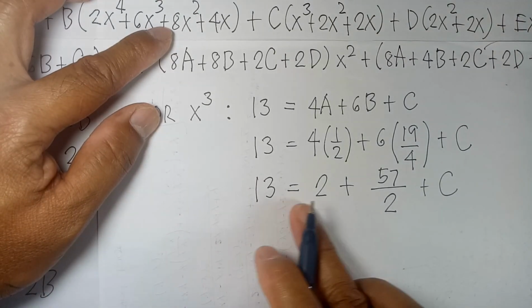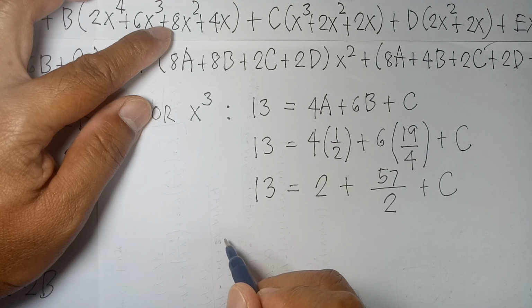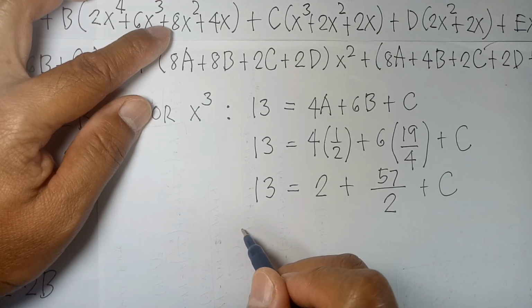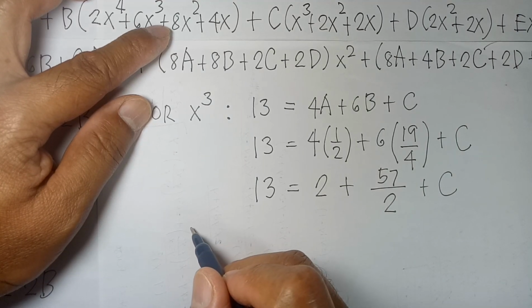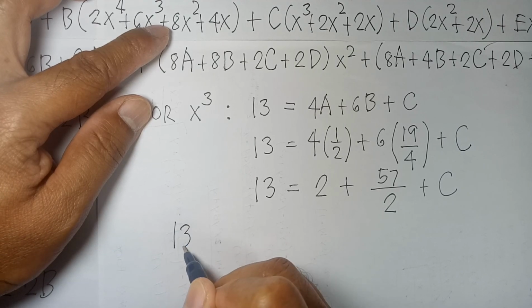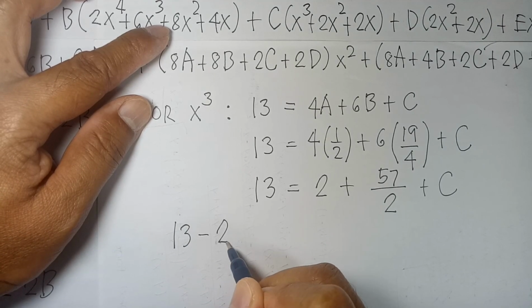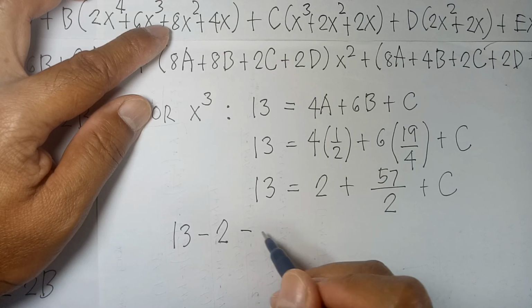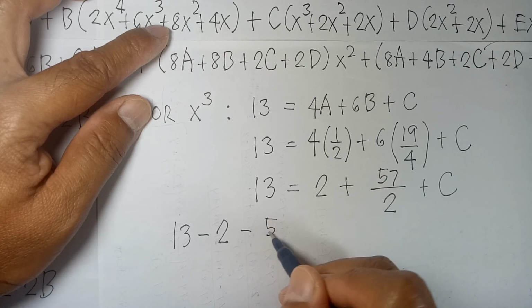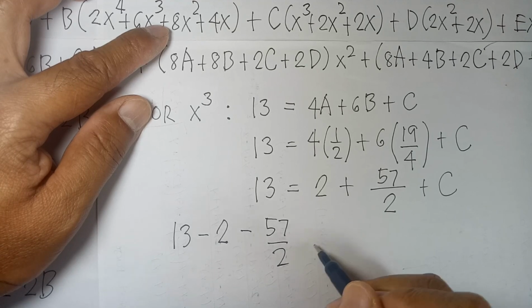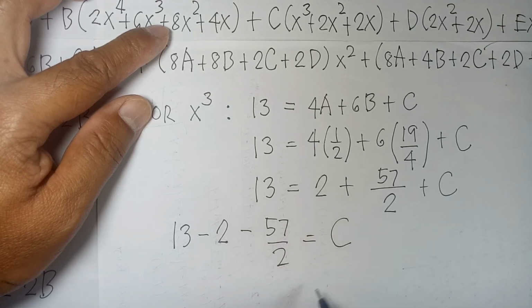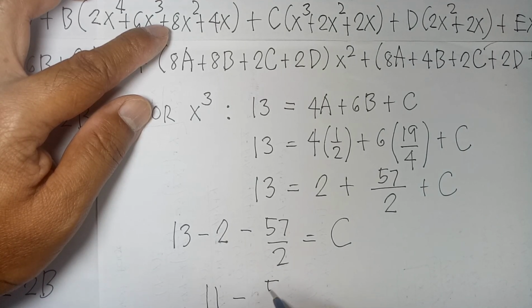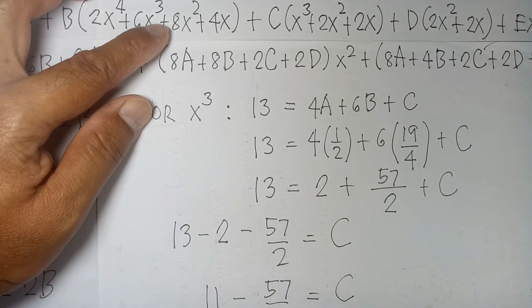So 13 minus 2 is 11. So 13 minus 2 and then minus 57/2 equals c. So 13 minus 2 ay 11. So minus 57/2 equals c.